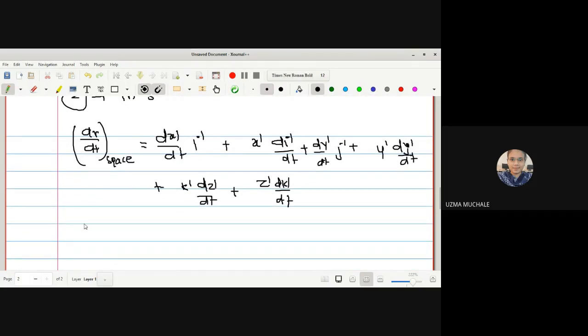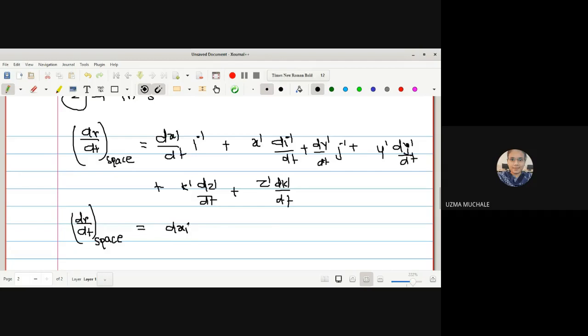Now we will rearrange the terms and simplify so that we get the relation between the space set of axes and the body set of axes. For that, we will collect the terms with i dash, j dash, and k dash.